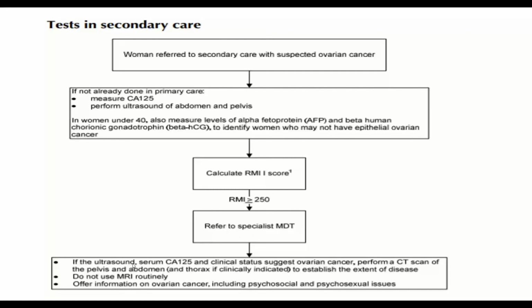If the ultrasound, serum CA-125 or clinical status suggests ovarian cancer, we will perform a CT scan of the pelvis and abdomen and thorax if clinically indicated. Do not offer MRI routinely. Offer information on ovarian cancer, including psychosocial and psychosexual issues.